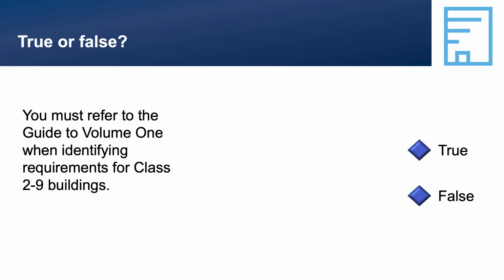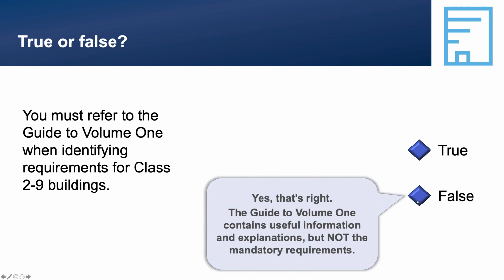You must refer to the guide to Volume 1 when identifying requirements for Class 2 to 9 buildings. Yes, that's right. The guide to Volume 1 contains useful information and explanations, but not the mandatory requirements.